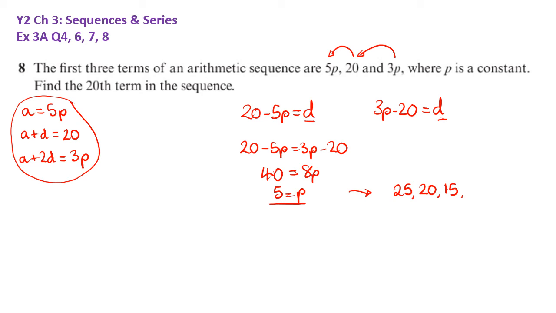And we can immediately see actually the nth term of this must be minus 5n plus 30. You can write that down straight away. And the 20th term must be minus 5 times 20 plus 30, and that gives us minus 70.